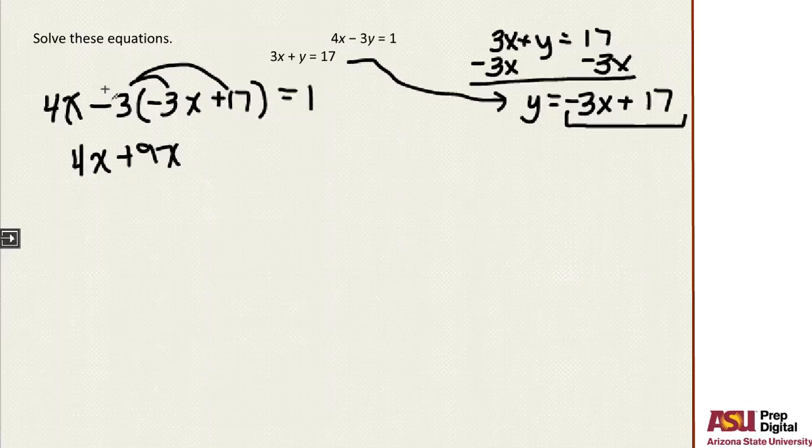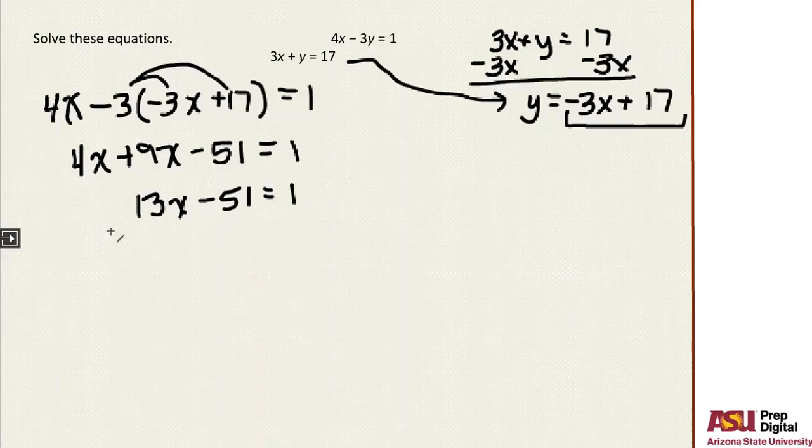And then we have negative 3 times a positive 17, so that's going to be a negative 51, and that is all equal to 1. Now we can combine these like terms right here. And so we get 4x plus 9x is 13x minus 51 is equal to 1.